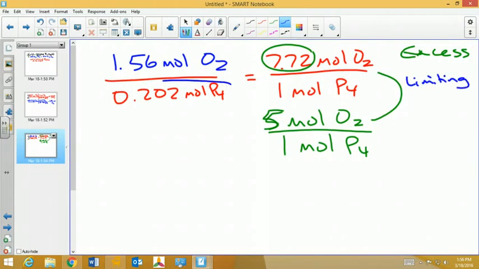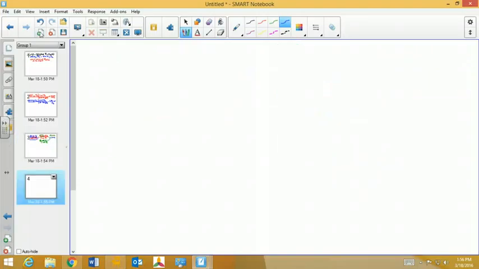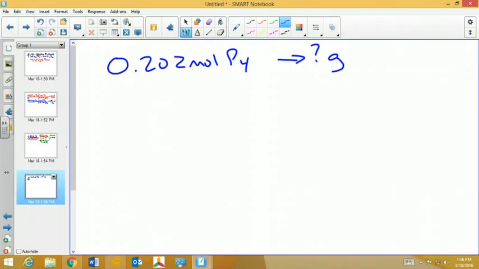So therefore, this number is the number I'm going to use for all of my further stoichiometric conversions. So we're going to take that number, 0.202 moles of P4, and I want to find how many grams of P4O10.